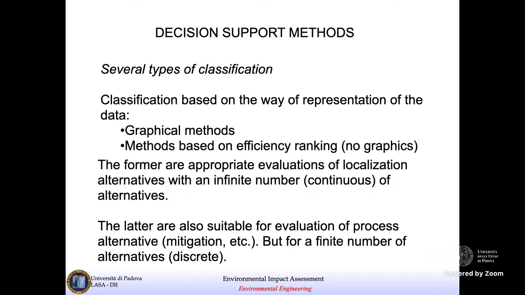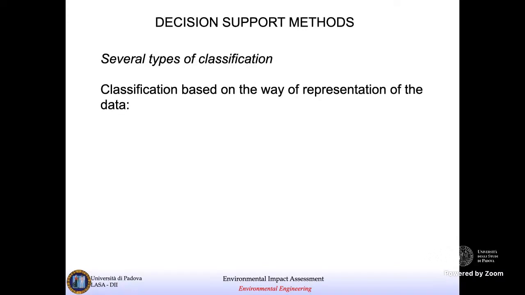So the graphical methods are suitable for evaluating infinite or continuous numbers of possible alternatives, while the methods based on efficiency ranking are essentially applicable for a finite number of alternatives.